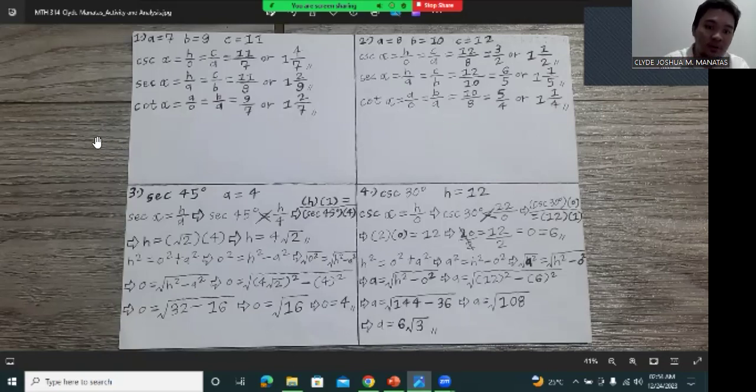Now, to find the opposite leg, we will use the Pythagorean theorem: hypotenuse squared is equal to opposite squared plus adjacent squared. Since we are looking for the opposite, we change the formula into opposite squared is equal to hypotenuse squared minus adjacent squared.